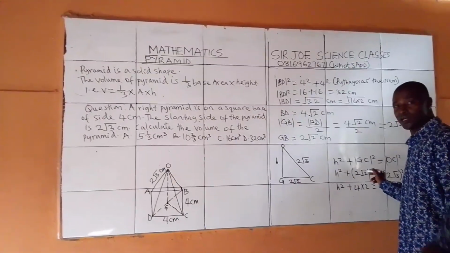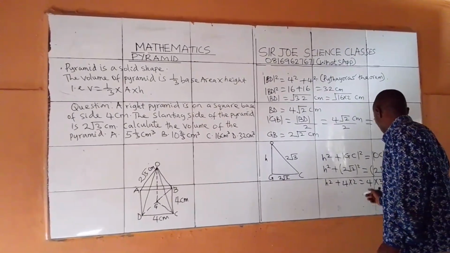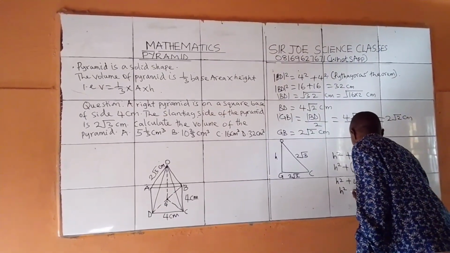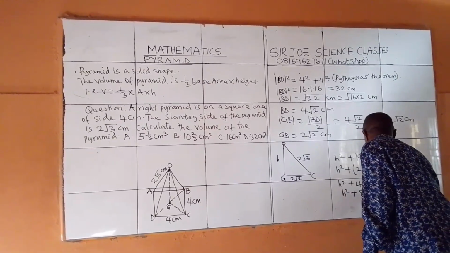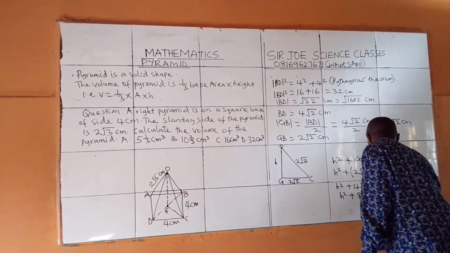Then root 2 squared means 2. So we have h squared plus 4 times 2, that's 8, is equals to 2 root 3 squared, which is 4 times 3, that's 12.